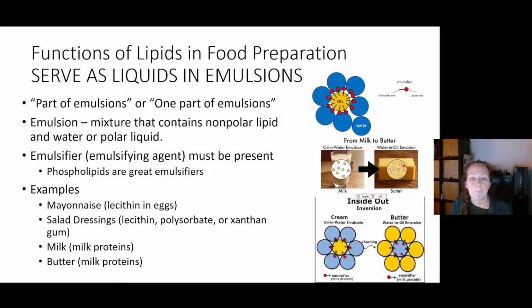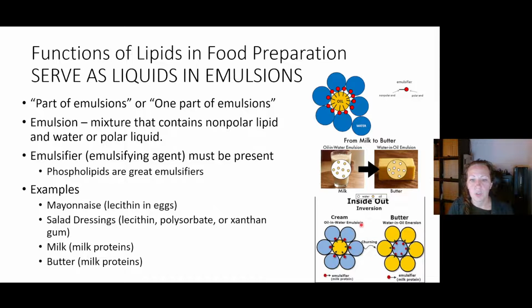Okay, now butter is an inversion of that emulsion. Okay, we take the cream out of the milk, and so we have mostly oil, mostly fat, but there is still some water component to it. And what we've basically done is the cream, like if you buy heavy whipping cream, it's liquid, right? And that is an oil and water emulsion.